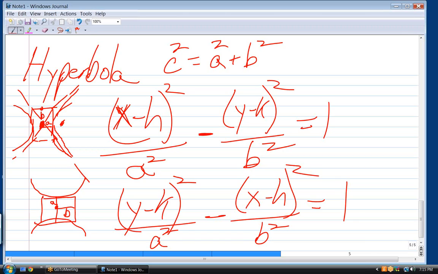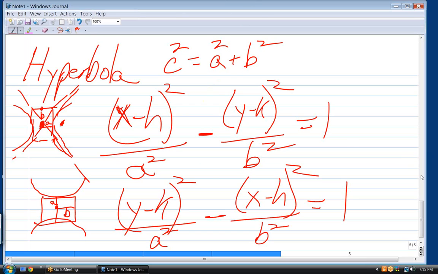That's generally speaking everything to do with ellipses and hyperbolas and parabolas. The meat and potatoes is being able to take an equation and tell me what everything is.